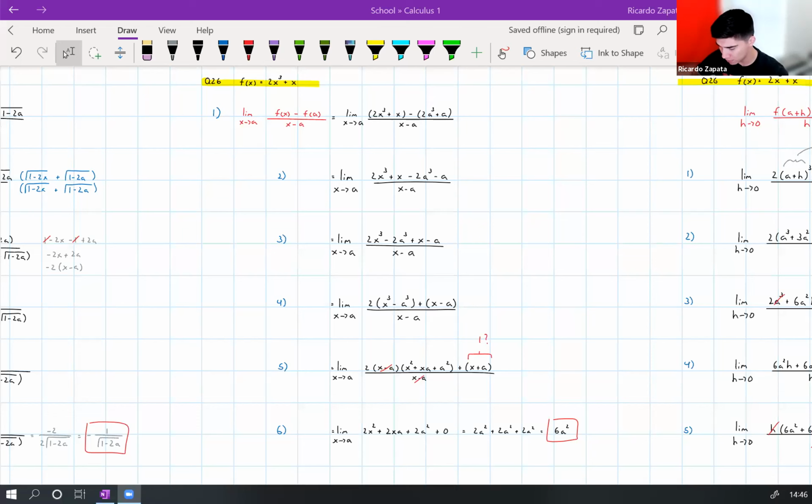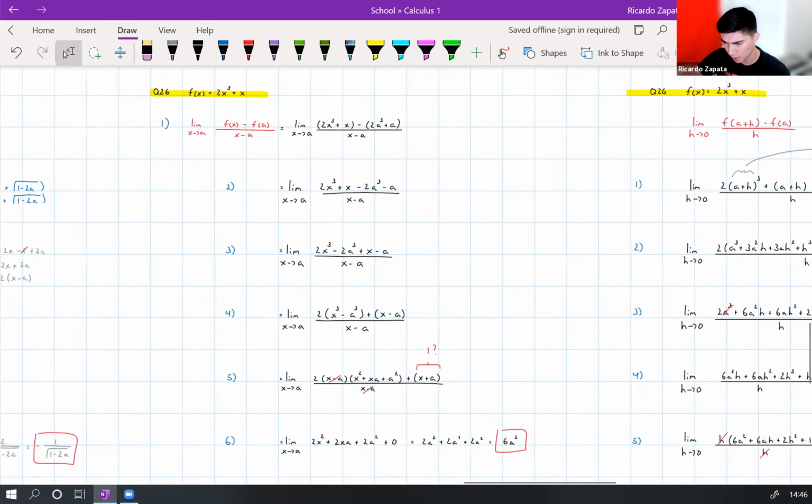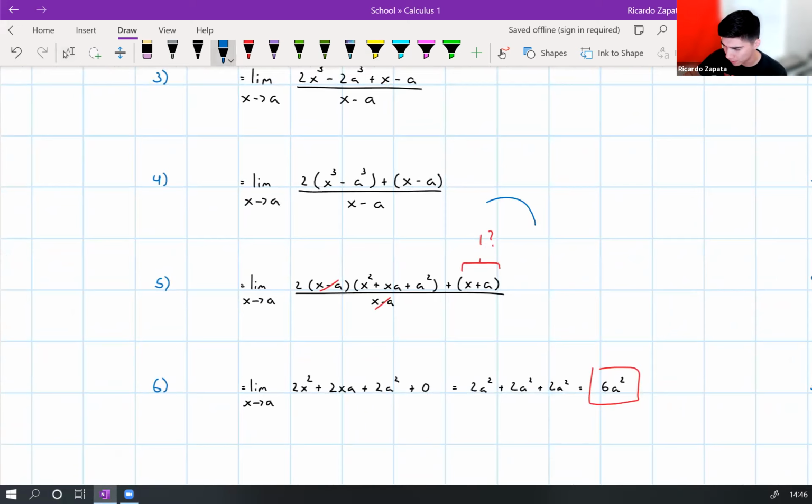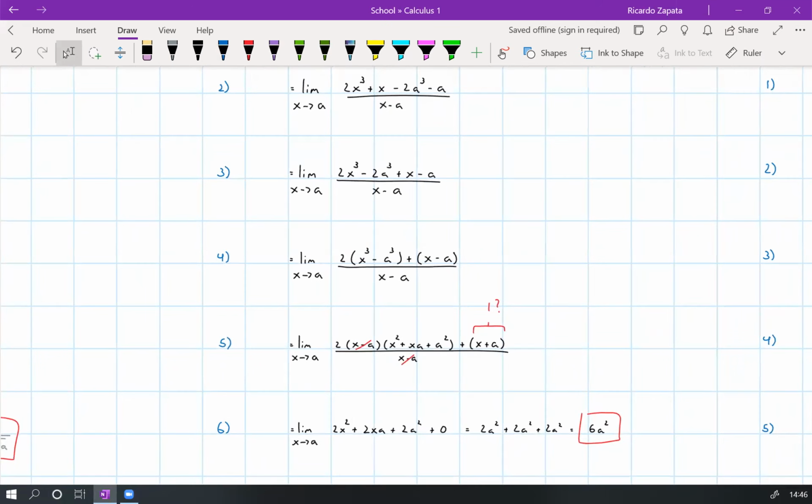You can see it, sir? Yes. Okay, so this is the first method using limit as x approaches a. I wanted to know this part right here. Is that a 1? Okay, let me look here. So you did the difference of cubes formula. And then, okay, so what happened?